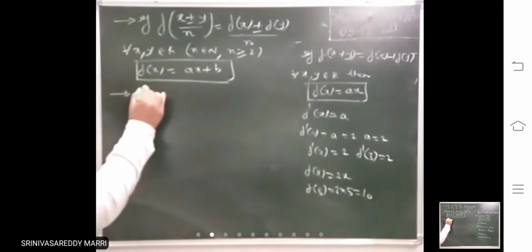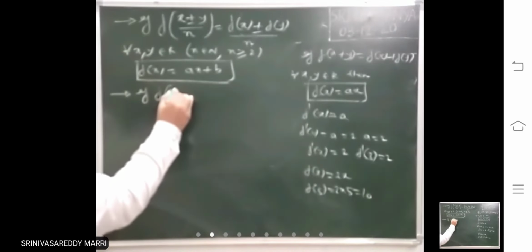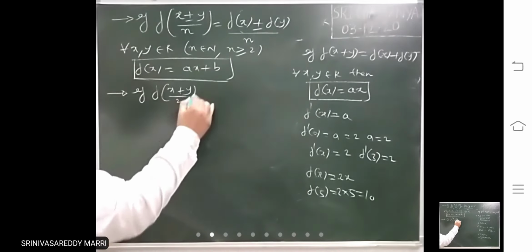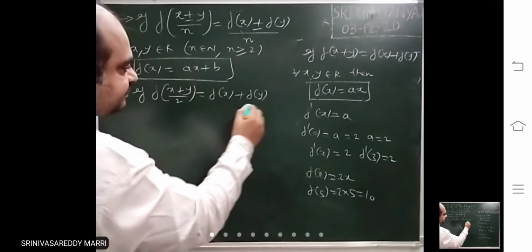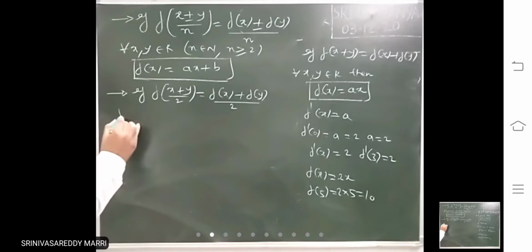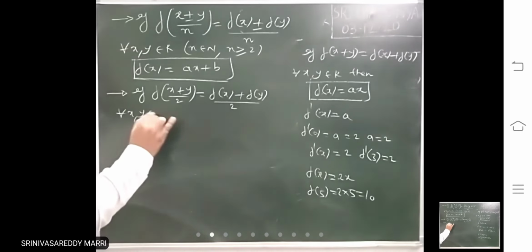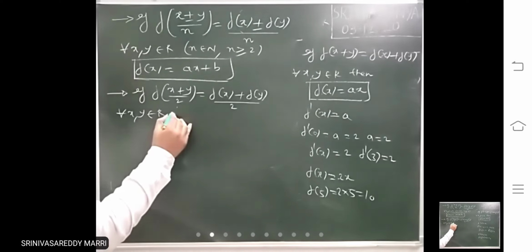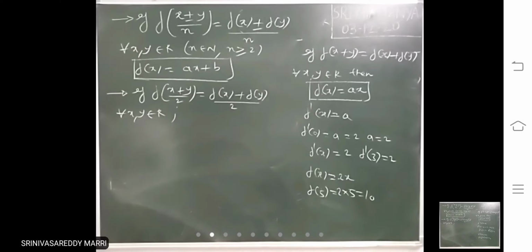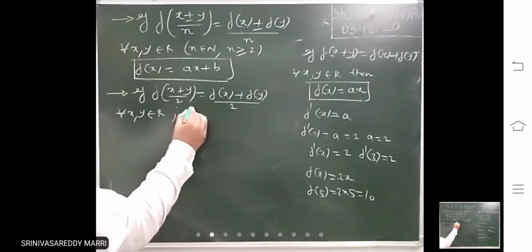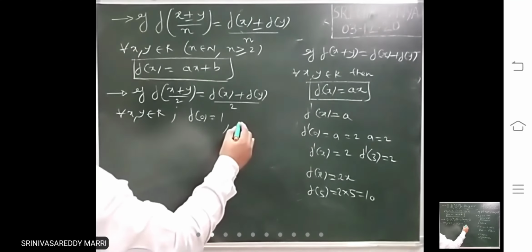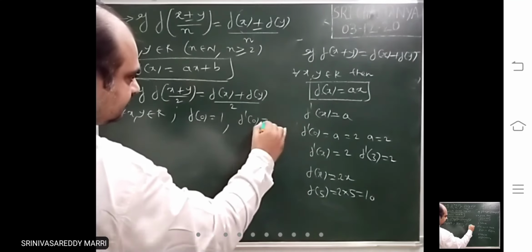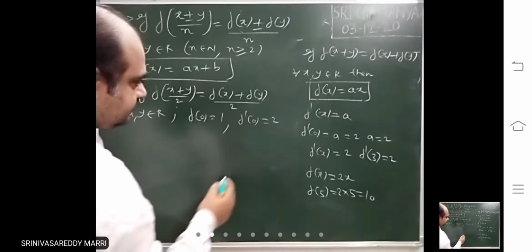Suppose it is given like this: f of (x plus y) by 2 equals (f of x plus f of y) by 2 for all x, y belongs to R, f of 0 equal to 1, f dash 0 equal to 2.